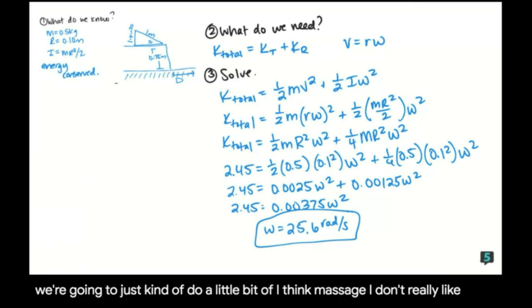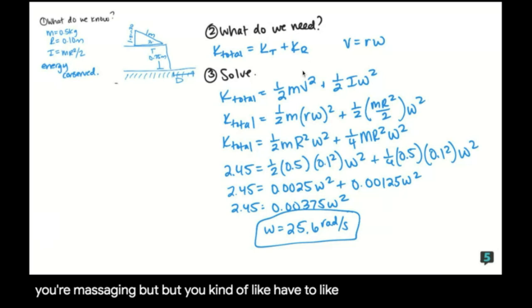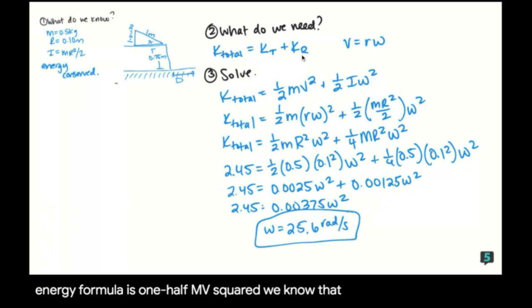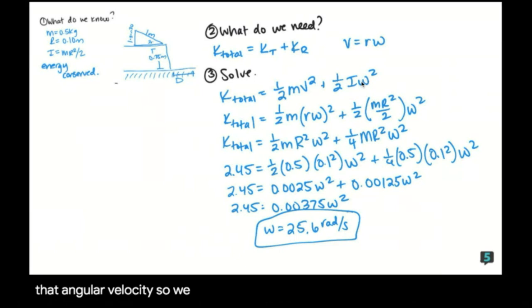I don't really like the word massaging, but you kind of have to massage the equations to get to the thing that you need. So we know that the translational kinetic energy formula is 1/2 mv squared. We know that the rotational kinetic energy formula is 1/2 I omega squared. And we know that we're looking for that angular velocity. So we want that omega.